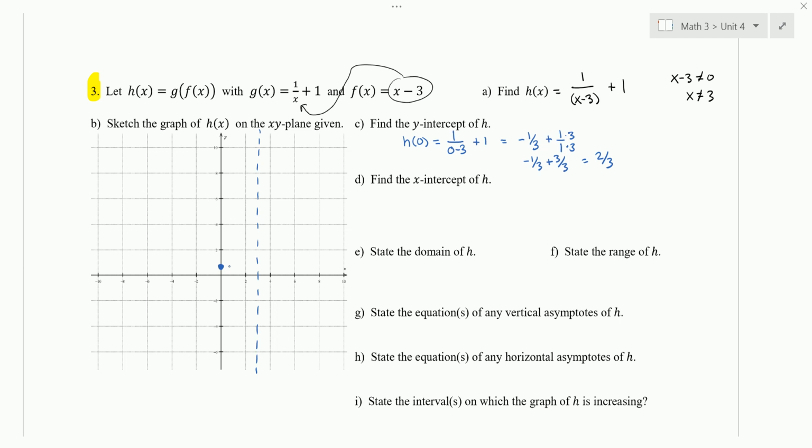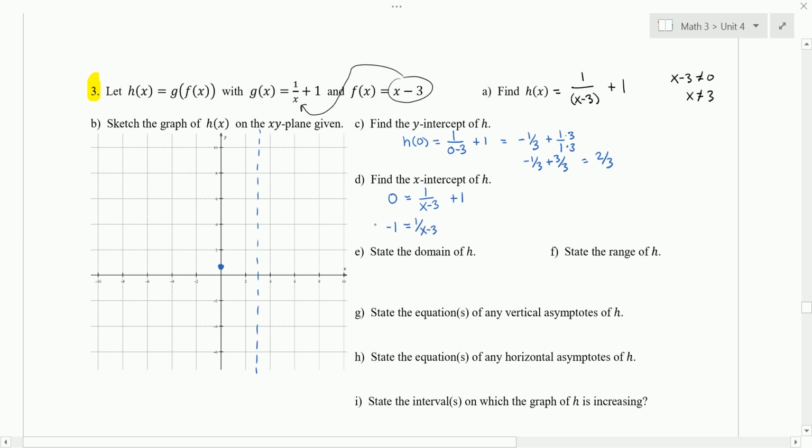Now for D, we're going to solve for the x intercept. To find the x intercept, we substitute in 0 for y and solve for x. I'm going to subtract 1, and I get negative 1 is equal to 1 over x minus 3.